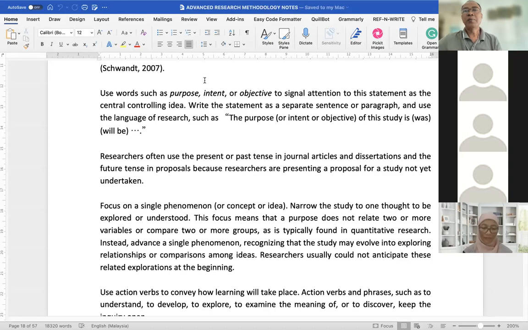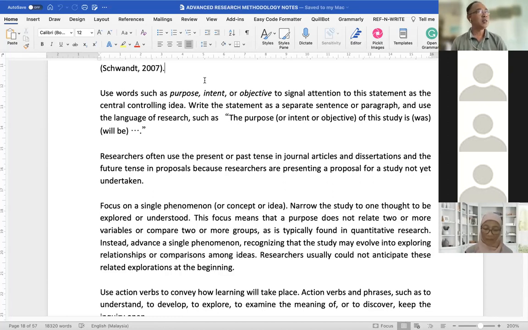And from the data, maybe the researcher can come up with a certain theory, certain concepts that he or she wants to come up with. So in qualitative research, data comes first. From the data, we come up with the theory. That is the idea of qualitative research.